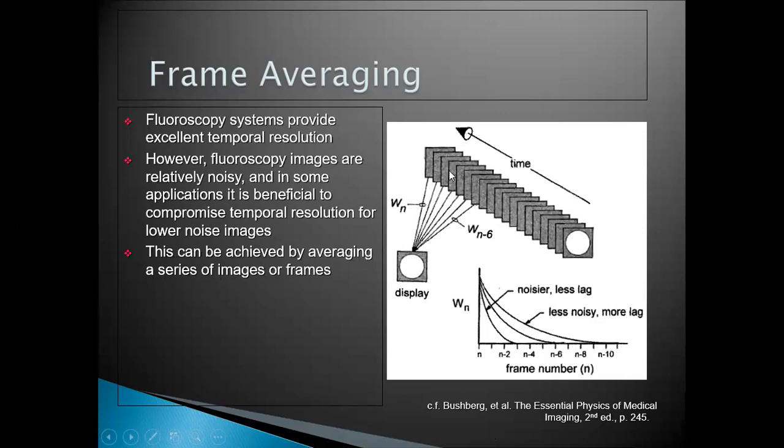If we had taken only this one, it would give a better depiction of the object's position. But if we want to improve the SNR at the expense of the temporal resolution, all we need to do is average a number of frames and end up with a less noisy image.